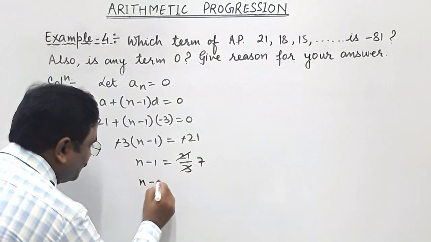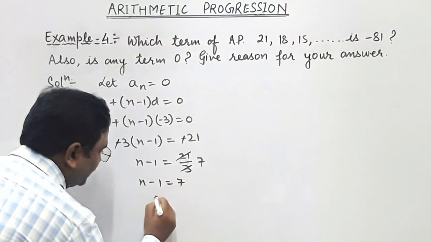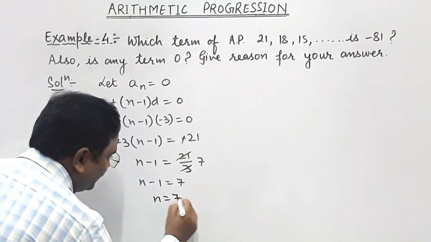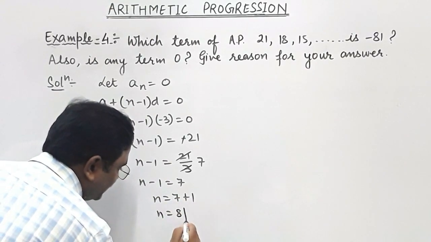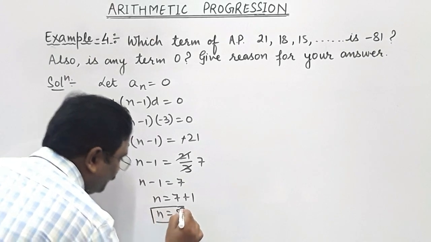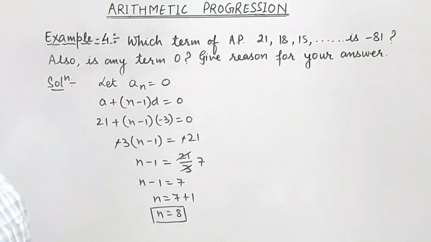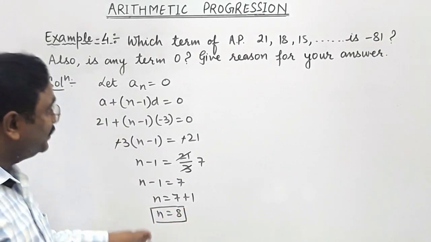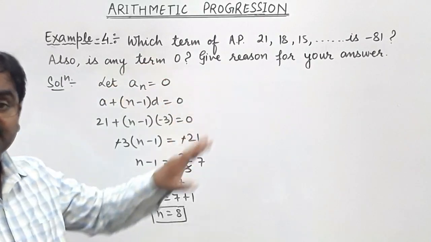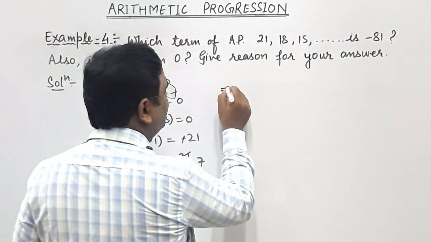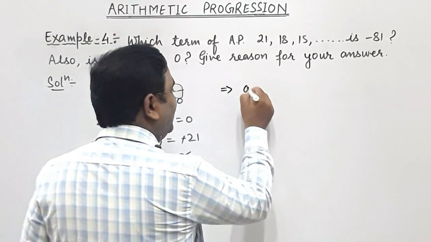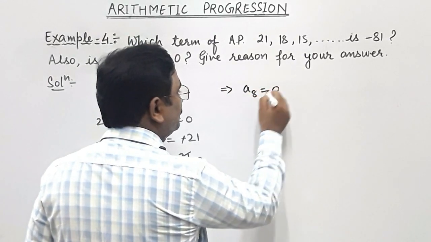So n minus 1 is equal to 7. Therefore n is equal to 7 plus 1, that is 8. So this value of n is equal to 8. It means the 8th term of this series will be 0. Therefore your answer becomes a8 is equal to 0.